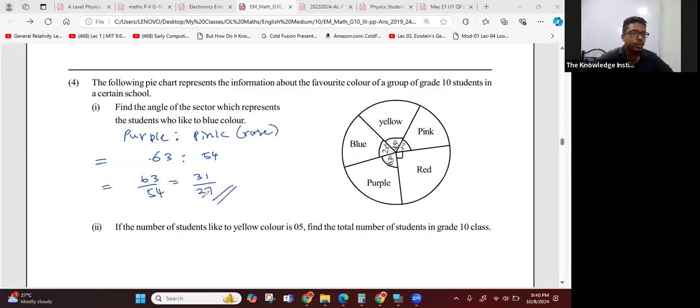Okay, so 7 over 6 will be the ratio. Since here the angle is proportional to the number of students, we can take the ratio of the angle.